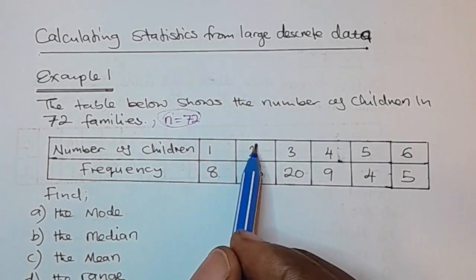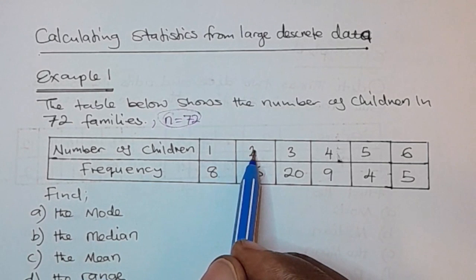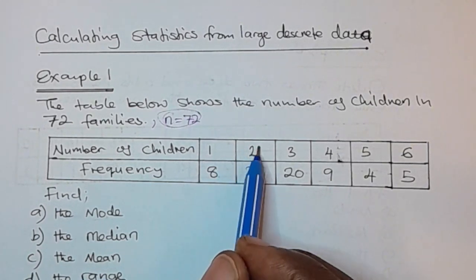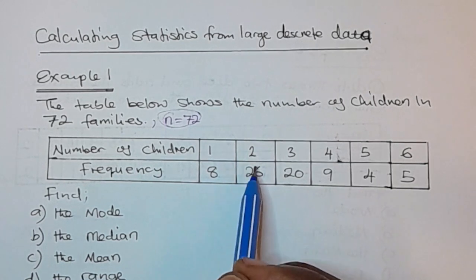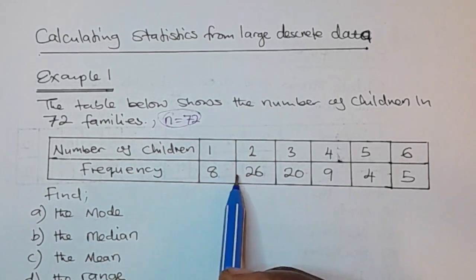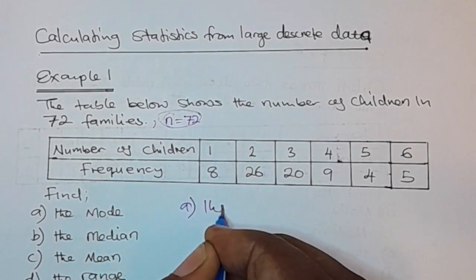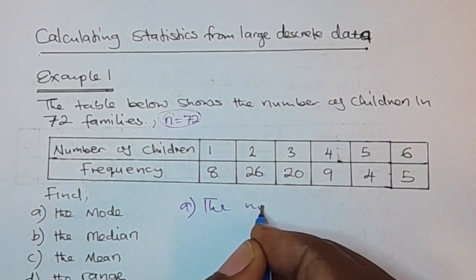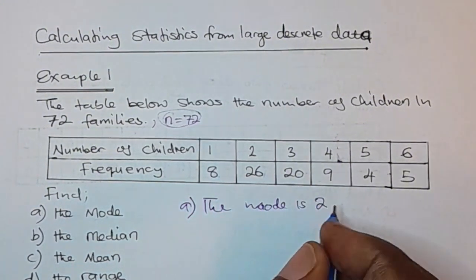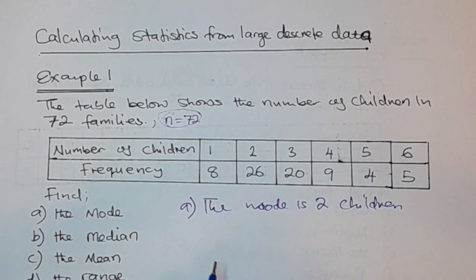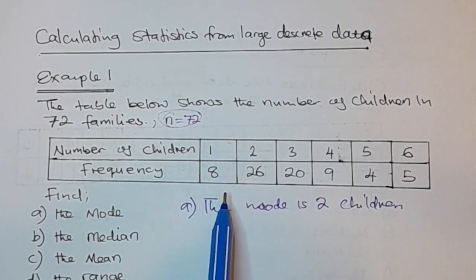So the mode is 2 children, because there were more families that had 2 children than any other family. So A, the mode is 2 children, the number of children with the highest frequency.